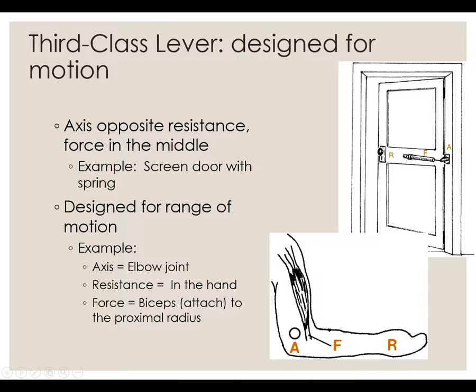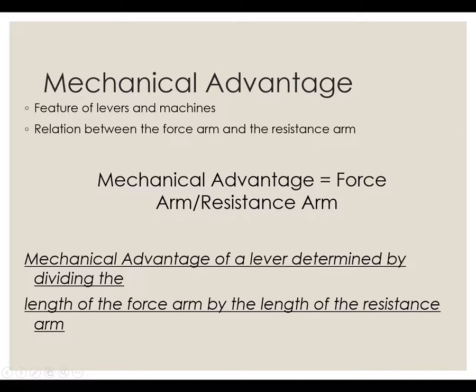Mechanical advantage. If you can keep this in mind, it will help. It's when the force arm is greater than the resistance arm. It's the relationship between the two. Mechanical advantage of a lever is determined by dividing the length of the force arm by the length of the resistance arm. So as long as you come out with a number greater than 1, you have a mechanical advantage.